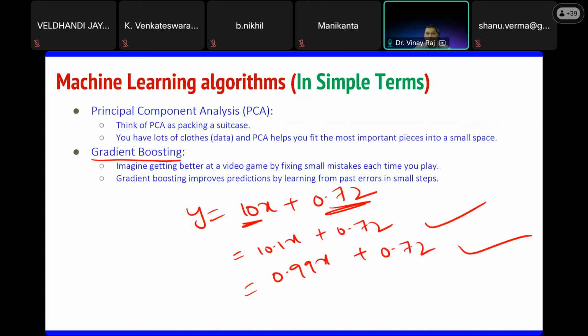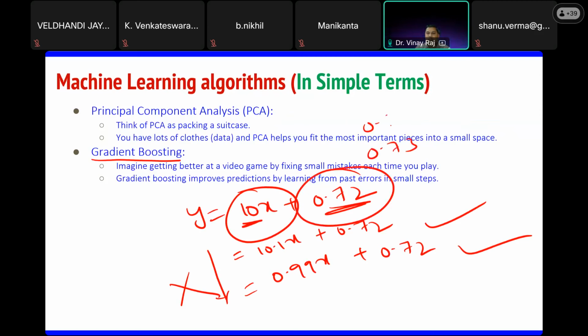So you're making small corrections at each step and improving your model. When you do this, you could see it is going in the wrong direction. Then you will fix this to 10x only, and try to change the other one. You will make it 0.73 or 0.71 or 0.74. You will observe that when I'm increasing this, the price is becoming closer to the actual value. Then you will keep increasing: 0.74, 0.75, 0.76 and so on. Understood?